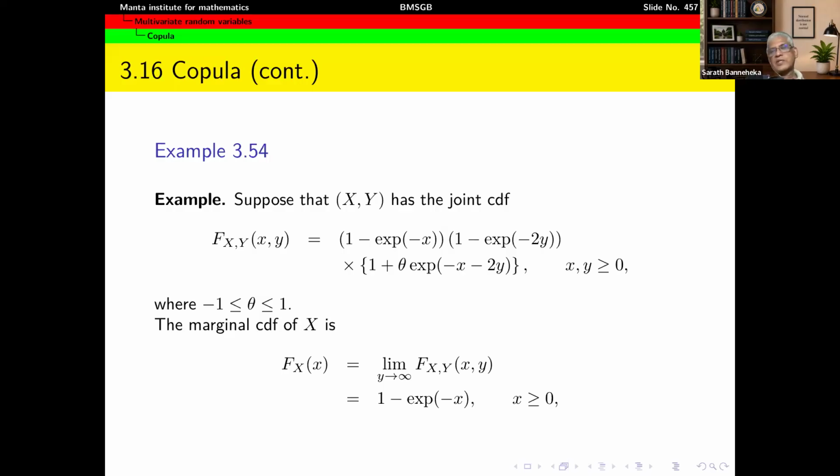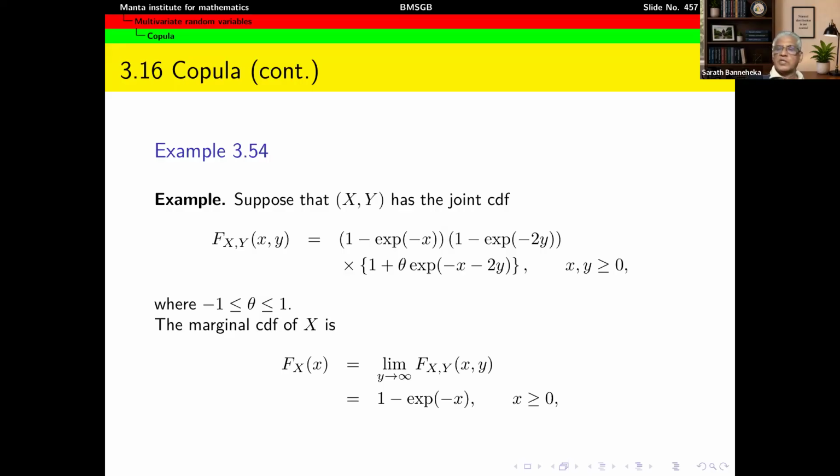So now let us look at an example and derive the expression for the copula. We will see that the joint distribution that we consider can be written as a function of individual marginal CDFs, using the copula.